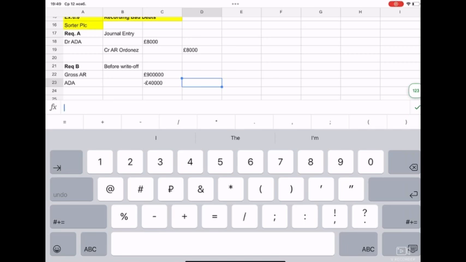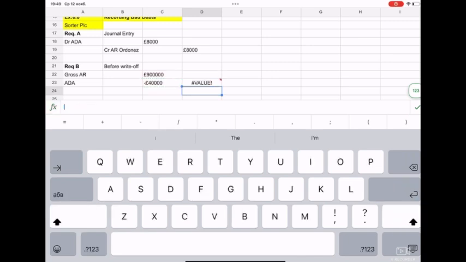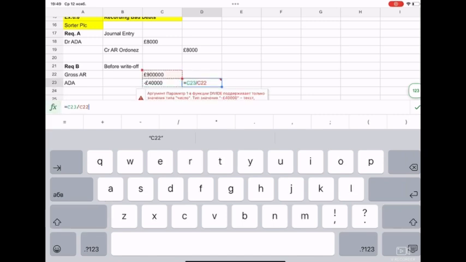And here, the net accounts receivable, or cash realizable value, was 860,000. This is the amount the company expected to collect in cash. But before writing it down, I should show how I got it. Here is the answer. It is 40,000 divided by 900,000.